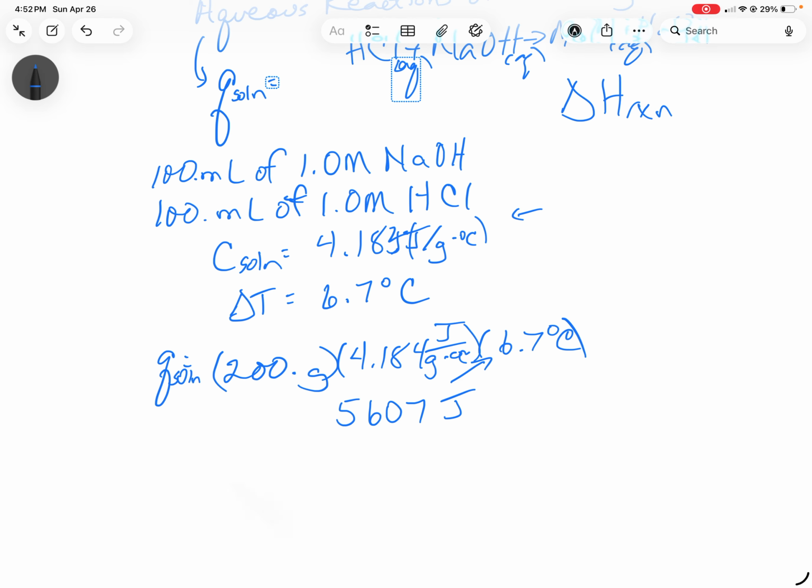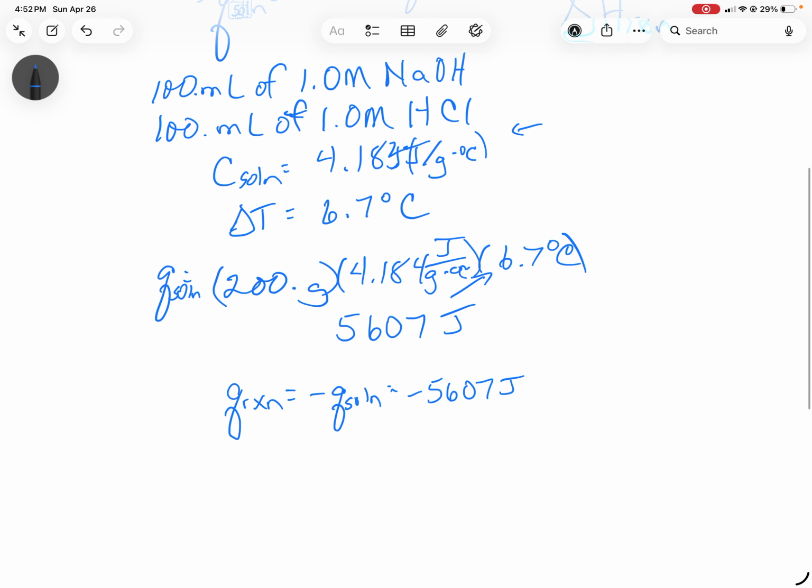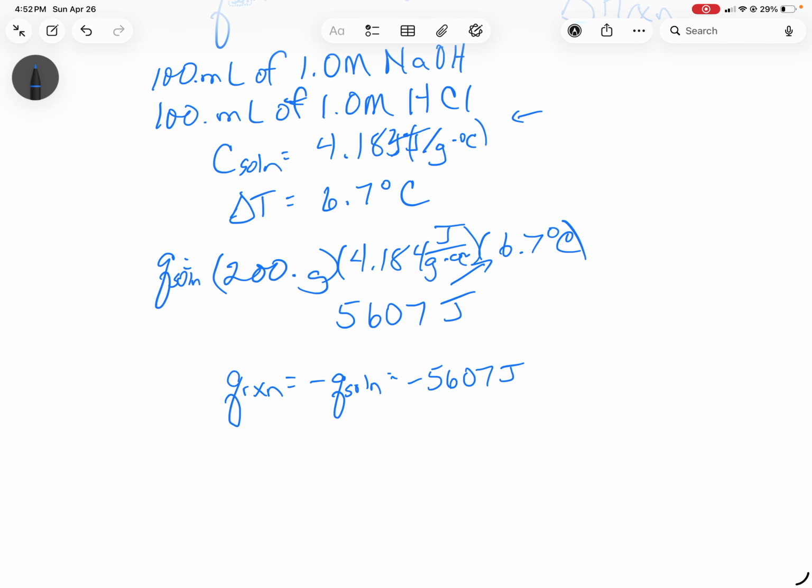That meant that the heat given off by the reaction was the opposite of the heat absorbed by the solution, the water in which the reaction occurred, which is negative 5607 joules. So finally, I'm not doing another Q equals MC delta T because that's not the question.